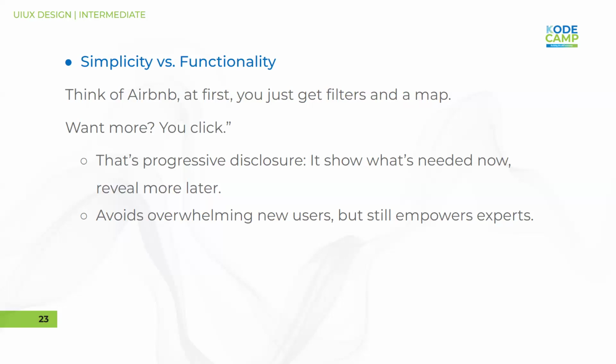Think of where at first you just get a filter and a map. If you want to move to a particular workspace, that's when you click on more, and the likes of it. You now view to check more. So that's progressive disclosure, because it shows what's needed now and then also reveals more later.